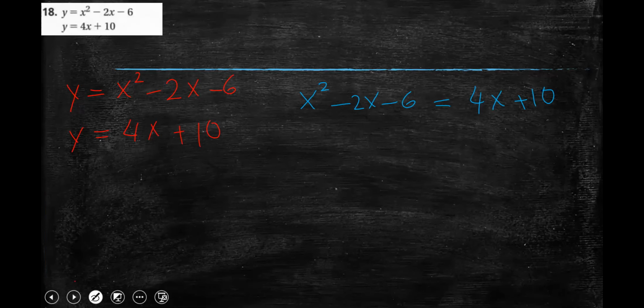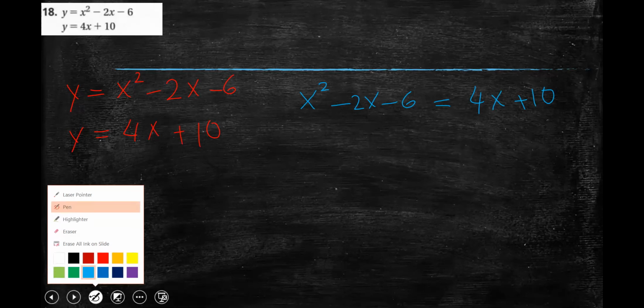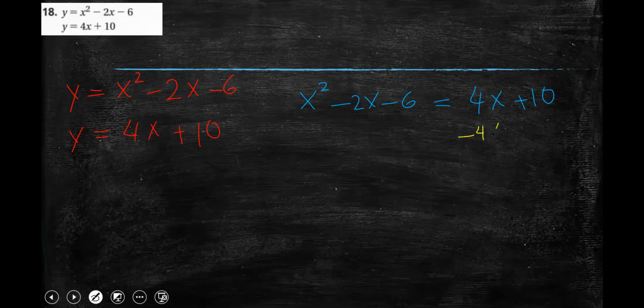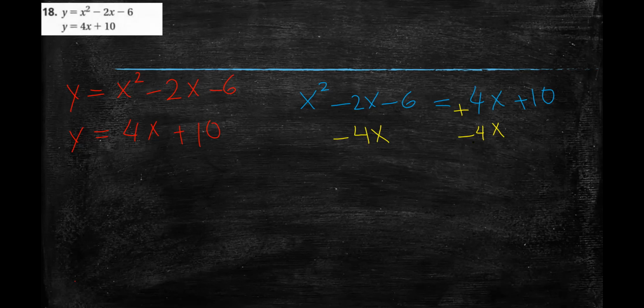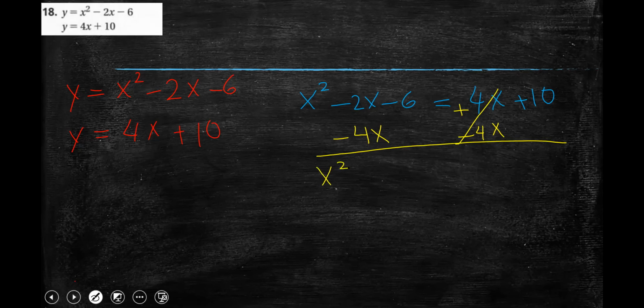Then let's move this 4x to the second side. Since it is positive, its inverse is negative, so negative 4x. Then x squared minus 2x minus 4x, or negative 2 minus 4, negative 6.